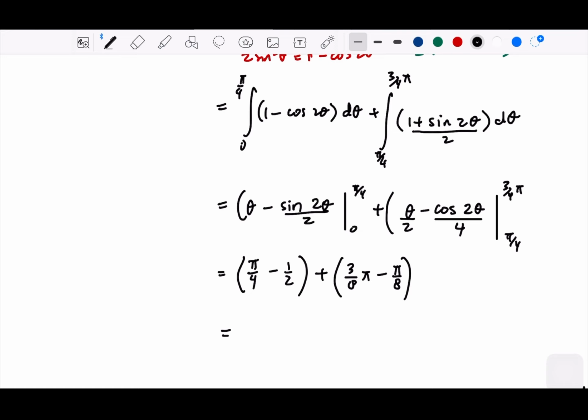So pi over 4 plus pi over 4 is pi over 2, right? Pi over 2 minus half. Or half pi minus 1. Okay.